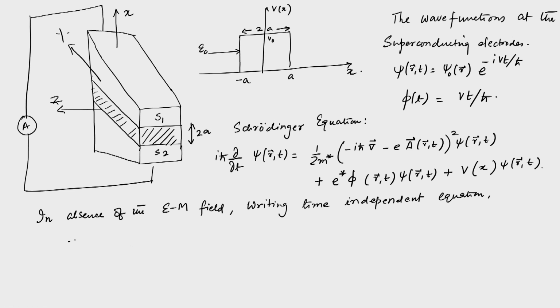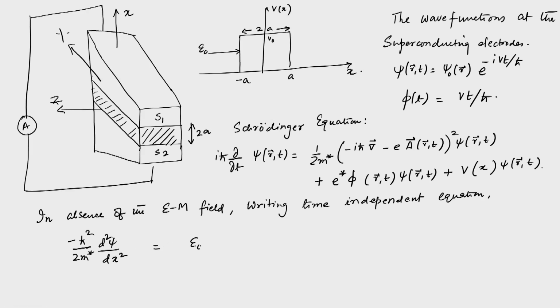One gets minus h square by 2 m star. So m star and e star are included because they are the effective mass and effective charge of the particles. This is d 2 psi, and I am writing it now in one dimension, so this is d 2 psi dx 2.